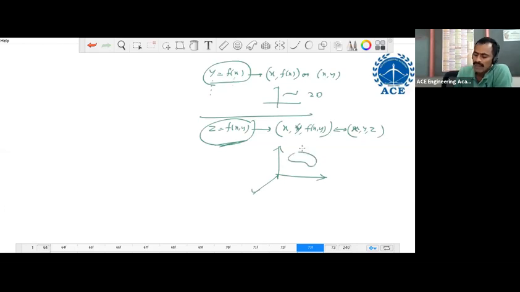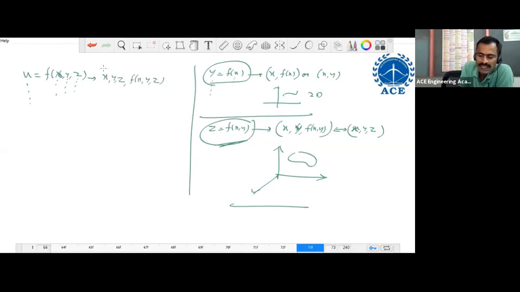Right? In the same way, to represent the function u equal to f of x, y, z geometrically, we give some input values for x, y, z so that we get the corresponding outputs. The set of all inputs and outputs together is written as x, y, z, f of x, y, z, or x, y, z, u only.